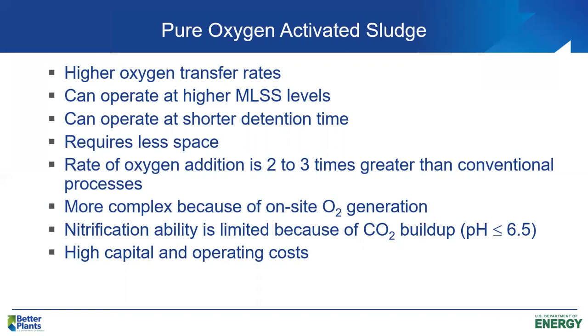Typically pH is about 6 to 6.5 in the reactor because the tanks are covered and you have a buildup of carbon dioxide in the headspace, and that carbon dioxide tends to depress the pH in the mixed liquor. And again, disadvantages are high costs.